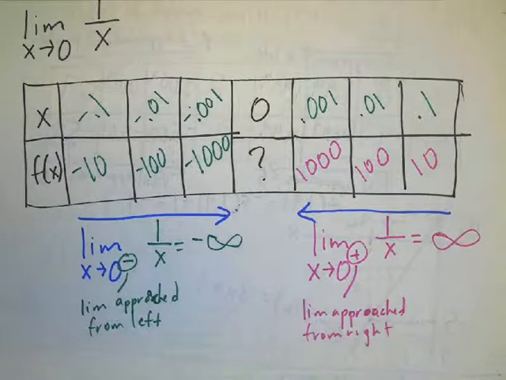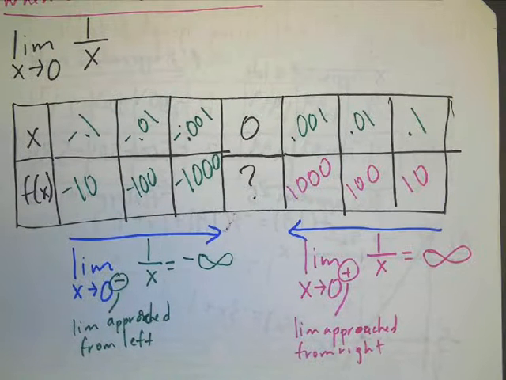And so, let's think about this for a second. This function, as I get closer and closer to 0, is it approaching a single value? No, it's approaching two completely different values, right? If I was driving, and I was meeting my friend along this function, if I drew this function out, it looks like this, right?